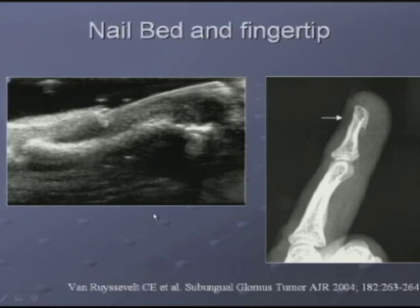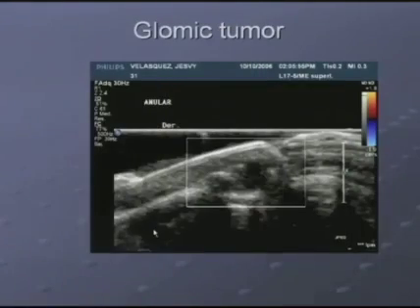This patient has a very specific clinical manifestation, a very, very intense pain to the touch of the fingertip. This is a clinical characteristic of a condition called glomic tumor.